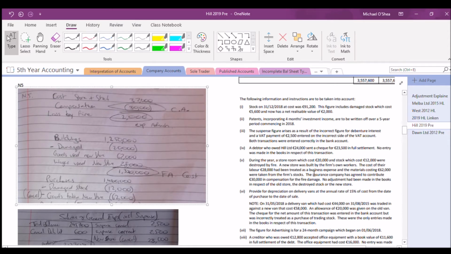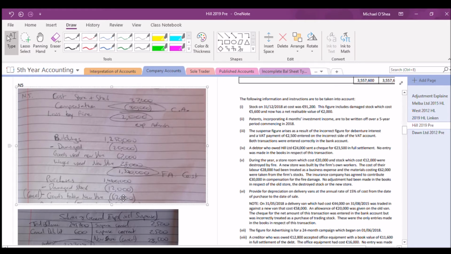This note can be confusing for people to understand sometimes, but the good thing is that the few times it has come up, they've always phrased it the same, and it's always been the same way to deal with it. So they treated the 62,000 as if it was part of the firm's stocks.